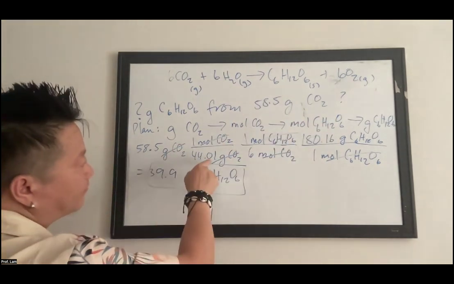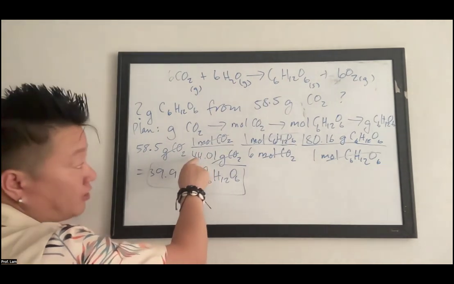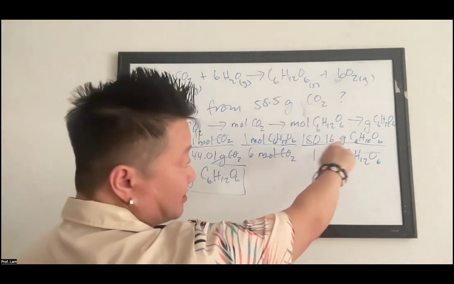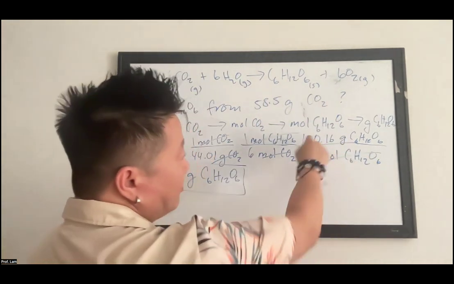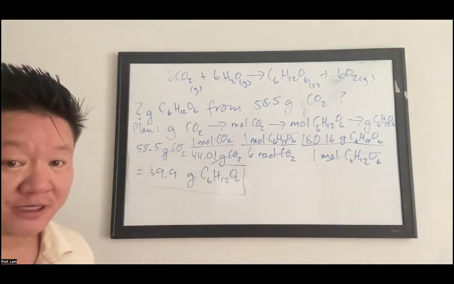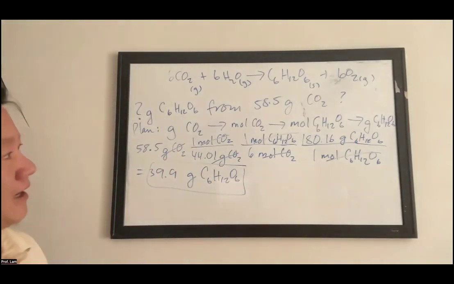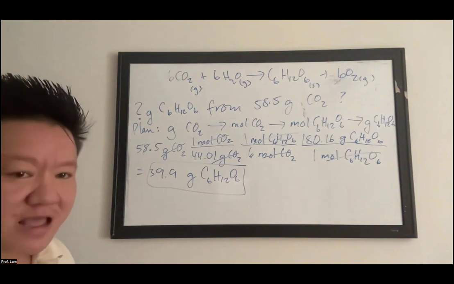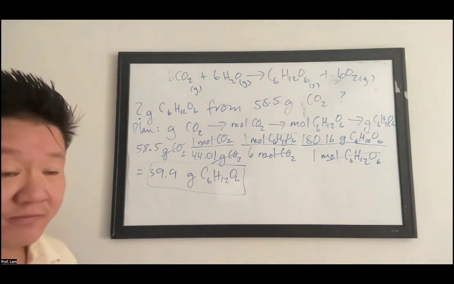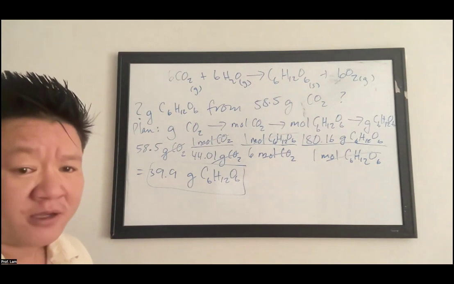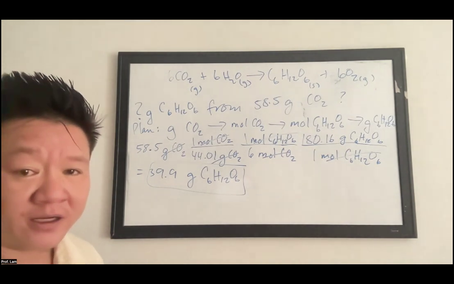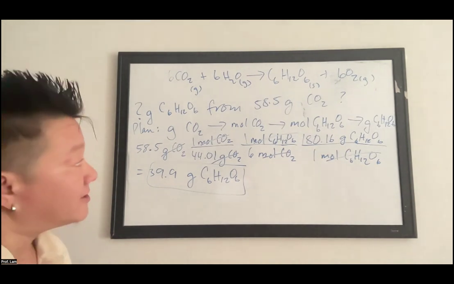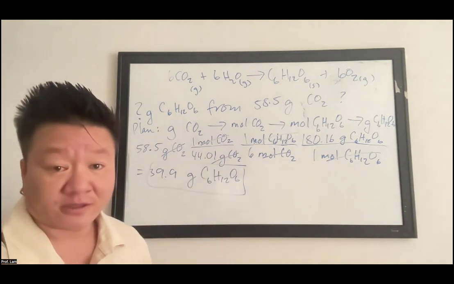And notice that the first time, you divide by the molar mass. And then to get to grams of B, you actually multiply by the molar mass. So that's sort of how it's always going to be when you're doing the mass to mass conversion. But you don't have to memorize this, right? You just need to set it up so that your desired unit is on top.